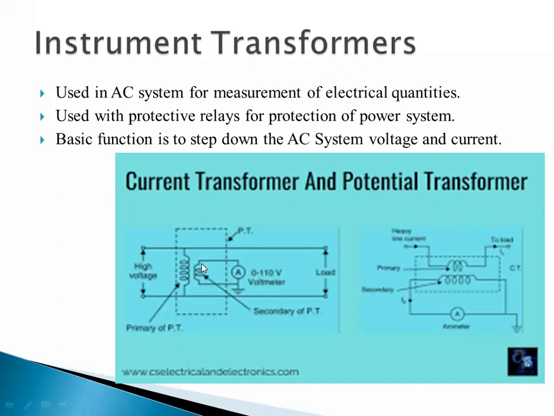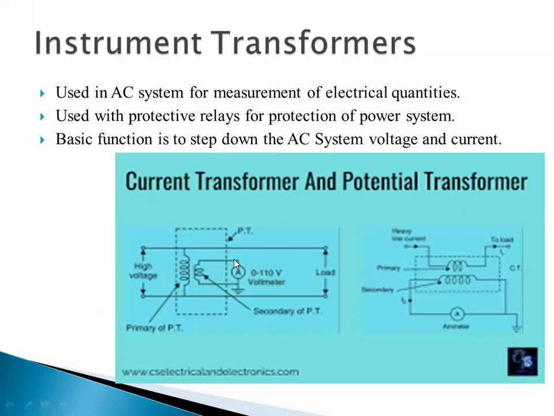Now just tell me, hello everyone, if I want to measure the voltage, then the voltmeter should be connected in series or in parallel? Very basic question. Parallel, correct, good. So here we are measuring potential, therefore it is connected in parallel.